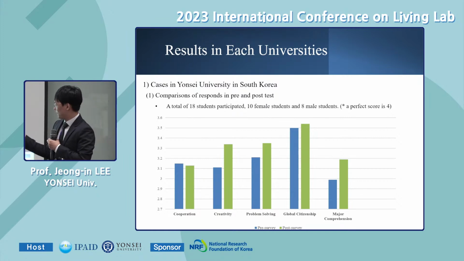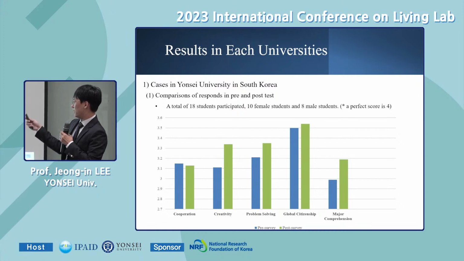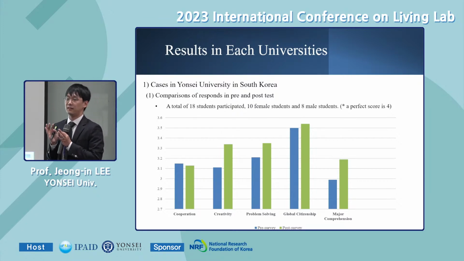So creativity, problem solving, global citizenship and major comprehension got higher scores in the post-survey, but in the category of cooperation, there's a small reduction, though it's not statistically significant. It's a very small reduction, but this is what the data shows.